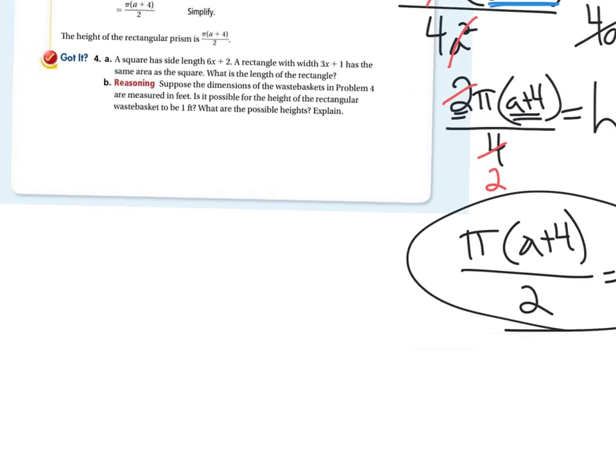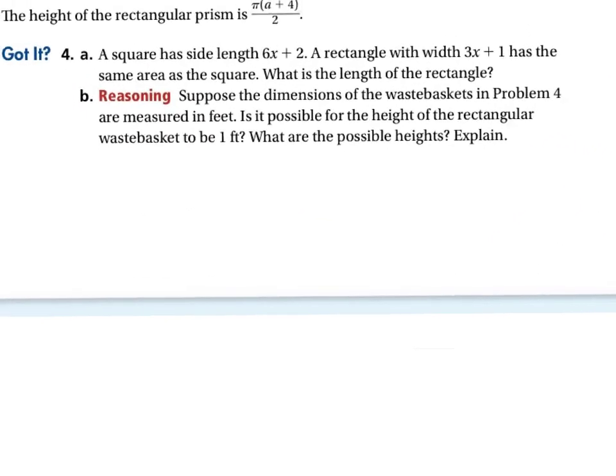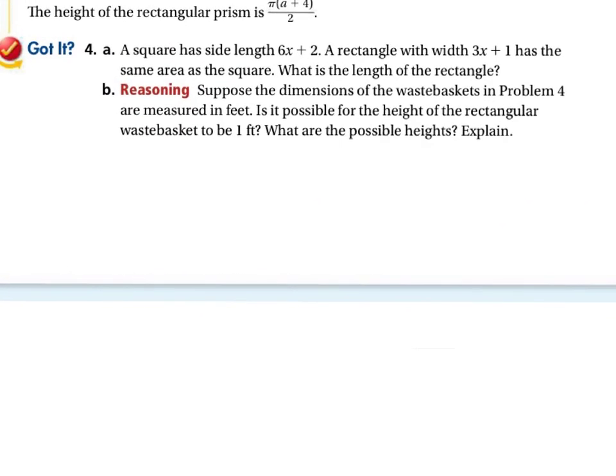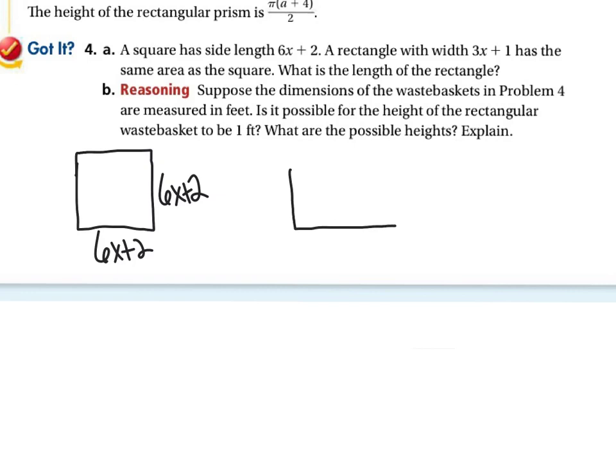So if we look at the got it 4, a square has a side length of 6x plus 2. I would be drawing a picture here. A rectangle with width 3x plus 1 has the same area as the square.